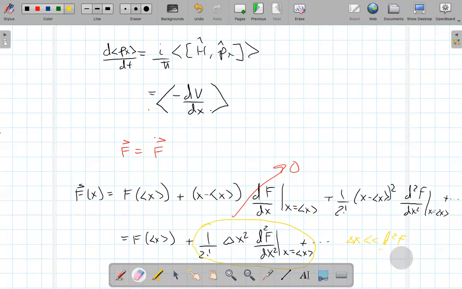A different way I can write that is that the uncertainty must be much, much less than the force. So anytime the uncertainty in the position of this object is much, much less than the force acting on the object, it is going to abide by classical mechanics. This is true whether the thing is a macroscopic object or a microscopic object. This relationship is true for any object.